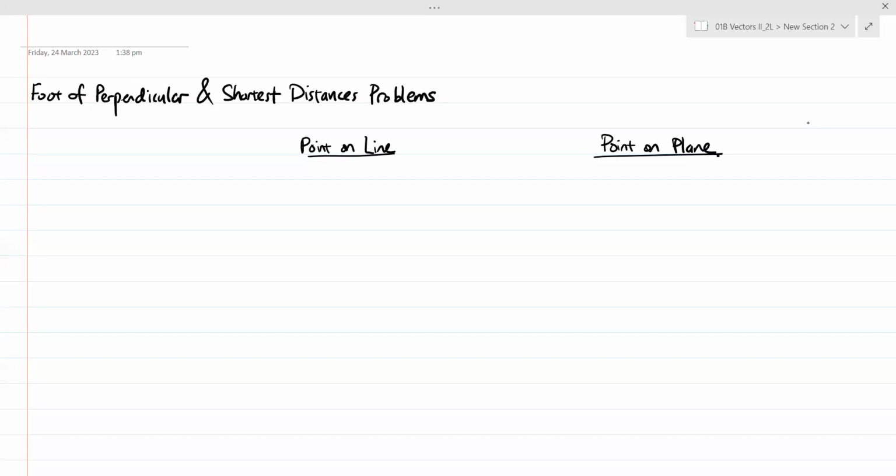Now, this line, can you tell me a vector that is parallel to this line? N is a vector parallel to this line. So if I call this the line PN, I can say that the equation of the line is r equals P plus lambda n.